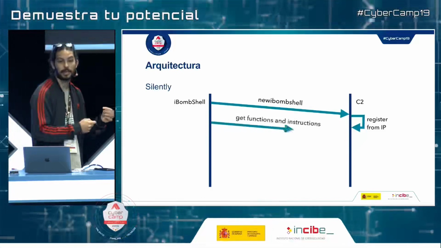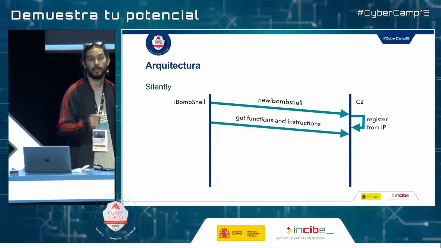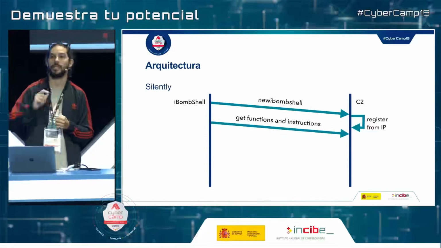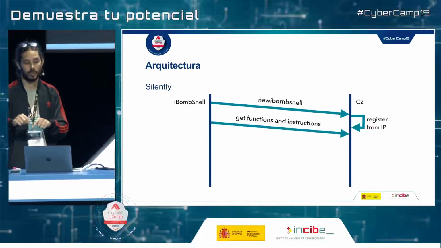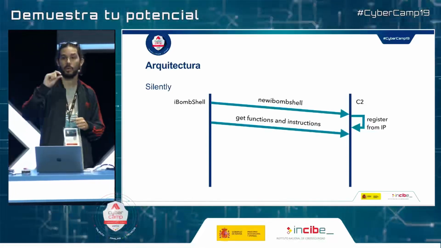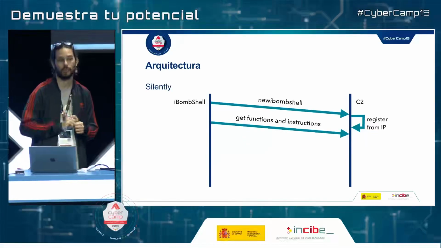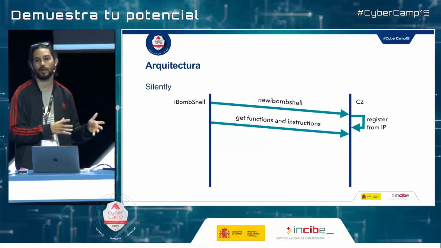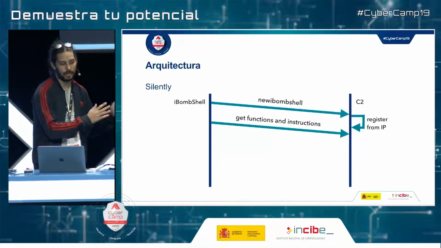What's going to happen now is that the machine that has iBombShell, every 5 seconds, is going to start launching requests to see if it has to do anything. So every time we generate a new function, the C2 is going to keep a file that is going to be consulted by that infected machine, which is called Warrior.